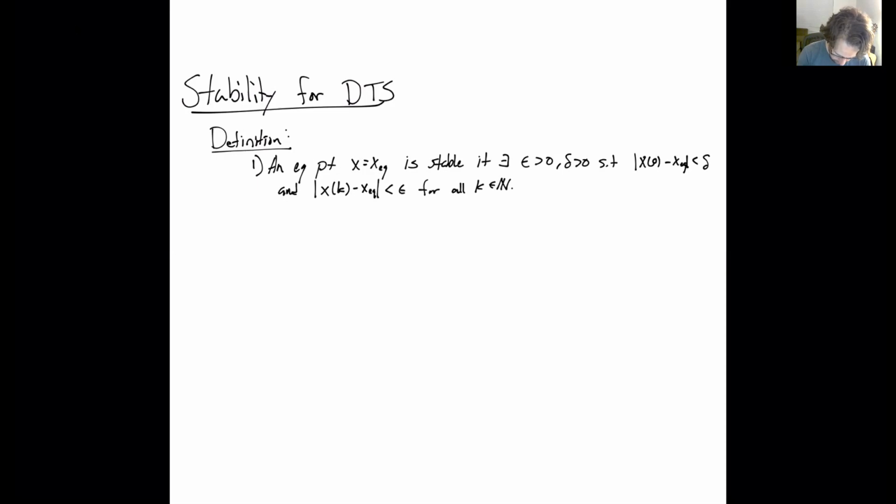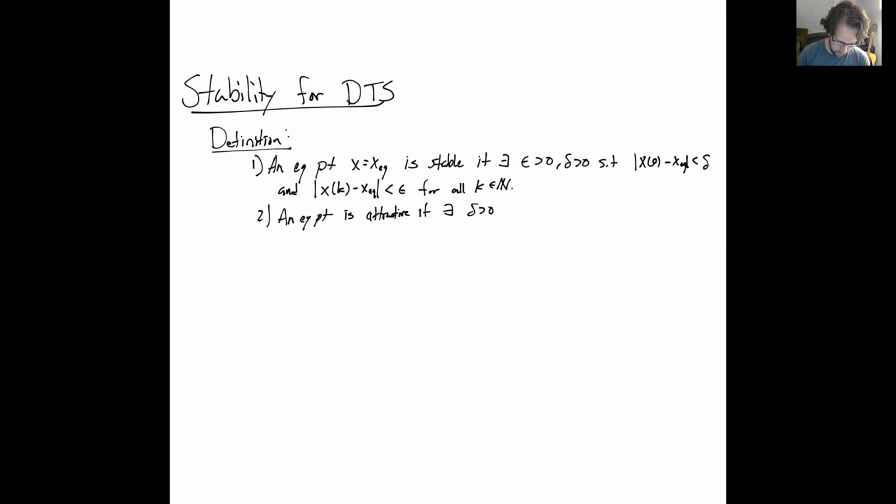All right, and then the next notion that we need to remember is attractivity or convergence. An equilibrium point, I'll just do the same thing, is attractive or convergent if there exists a delta. Now this is going to be a local notion.